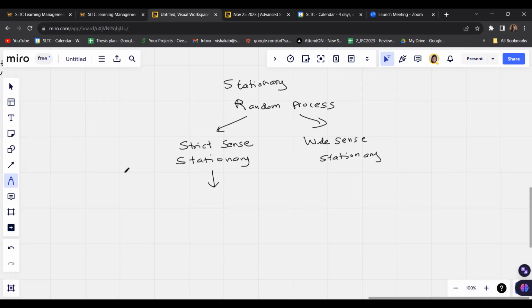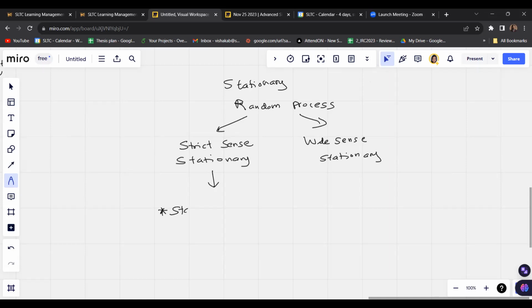So the strict sense stationary processes are basically processes that have statistical characteristics that are constant at each time instance, right? I will first write the definition here, and then I will explain using some visual plots.